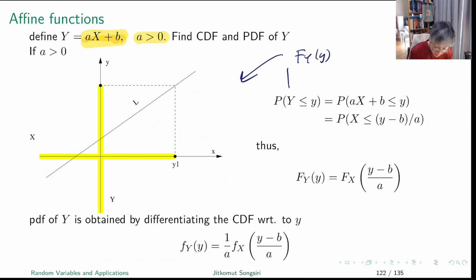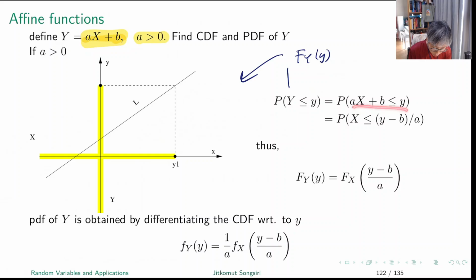The next step: this is a probability of an event in Y. We're going to derive an equivalent probability in terms of the variable X, using the information of the transformation. When Y is less than small y, you can simply say this is the probability that aX plus b is less than y.